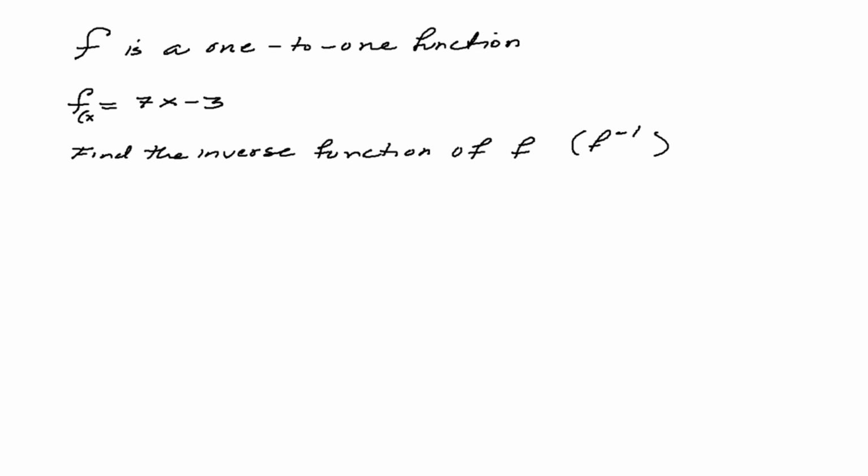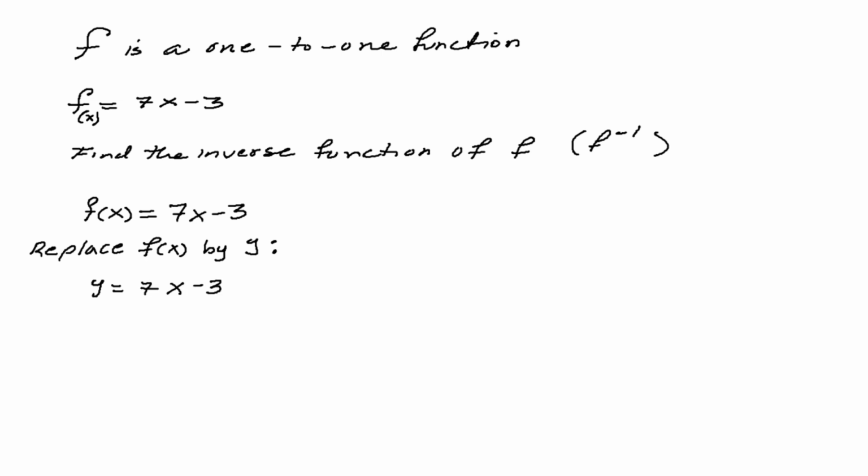Well, the first step would be to replace f of x by y. So I have the function f of x equals 7x minus 3. So we will replace f of x by y. Then we get y equals 7x minus 3.